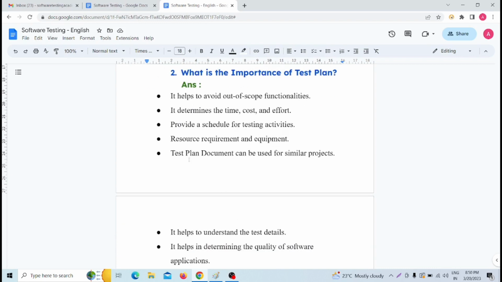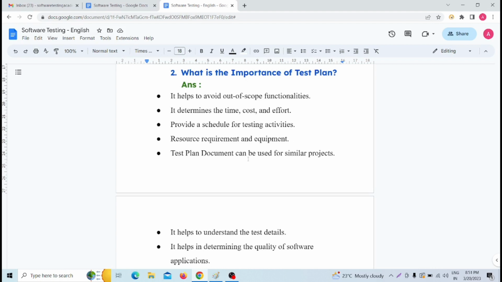And then the test plan document can be used for a similar project. Suppose, let's say I have created one test plan. My project name is XYZ. So for my XYZ project, I have created one test plan. Now, after 1 year or 2 years, maybe another tester in another project wants to write a test plan.